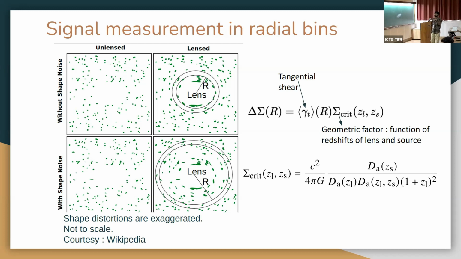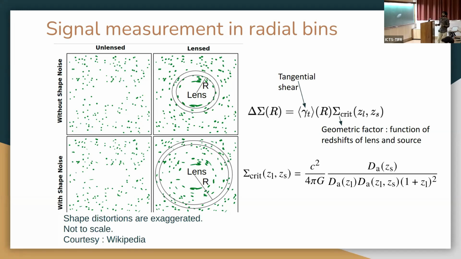The key thing in weak lensing analysis is that if you have more area, you will have more lenses, and if the overlap with the background galaxies is better, you will have more sources. So the lens-source pair count will increase, and the errors will go roughly as the square root of N. So the more the number, the better the signal to noise ratio.